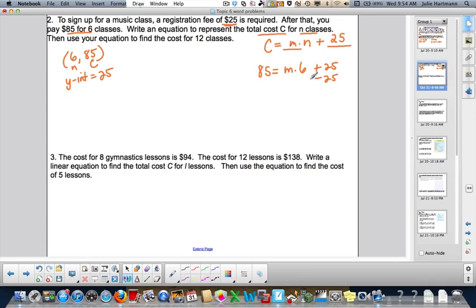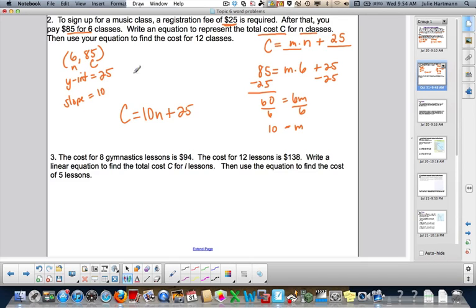We're going to minus the 25. So that's 60 equals 6m. Divide by 6. M is equal to 10. So that means it must be $10 per class. So our slope is 10. So our equation, C equals 10 times the number of classes plus your 25. Okay, and that's it for that one.